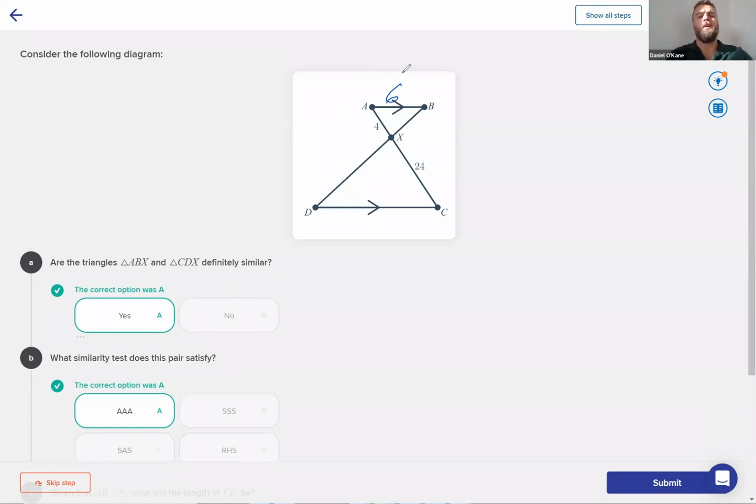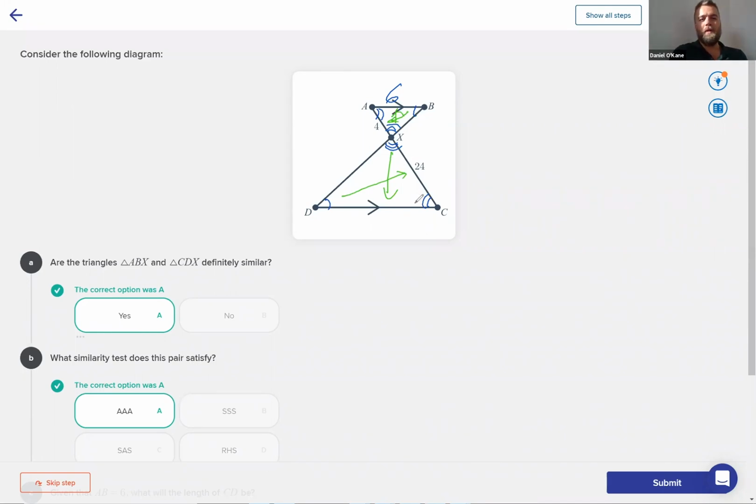So remember, this angle is equal to this angle is equal to this angle, and then this angle here is equal to that angle there. So 6 is opposite the same angle as CD. So if you can find the scale factor, opposite the first angle is 4, and opposite that same angle is 24.